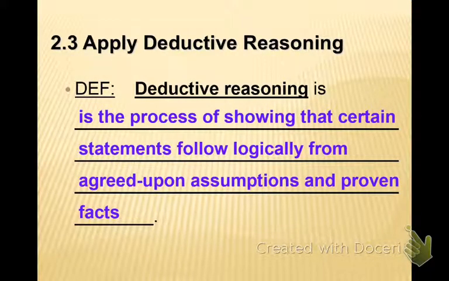Deductive reasoning is a logical, sequential way of going from point A to point B in a thought process, using agreed upon assumptions and proven facts. Okay?